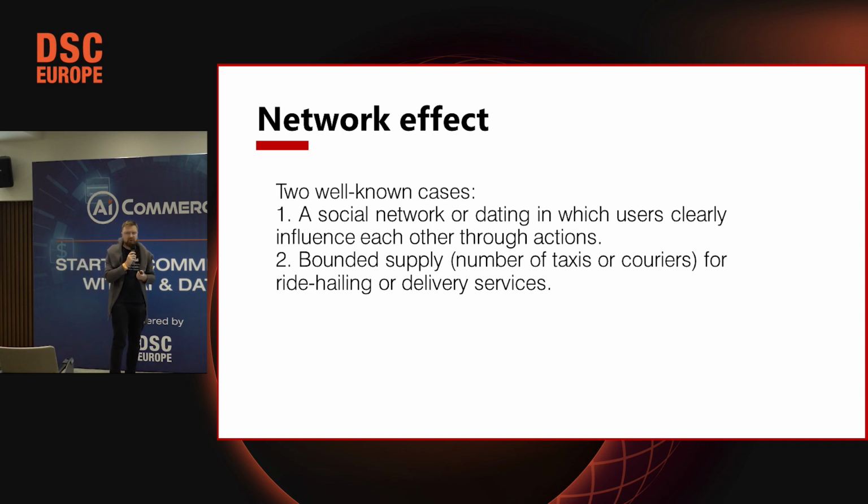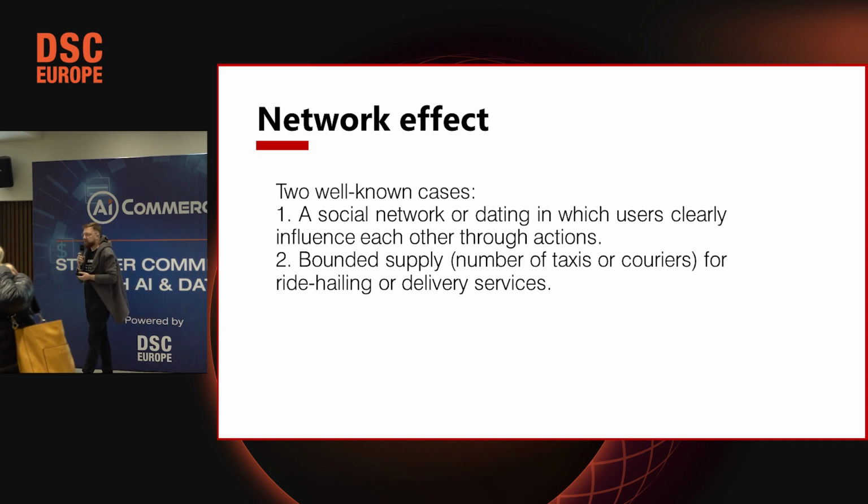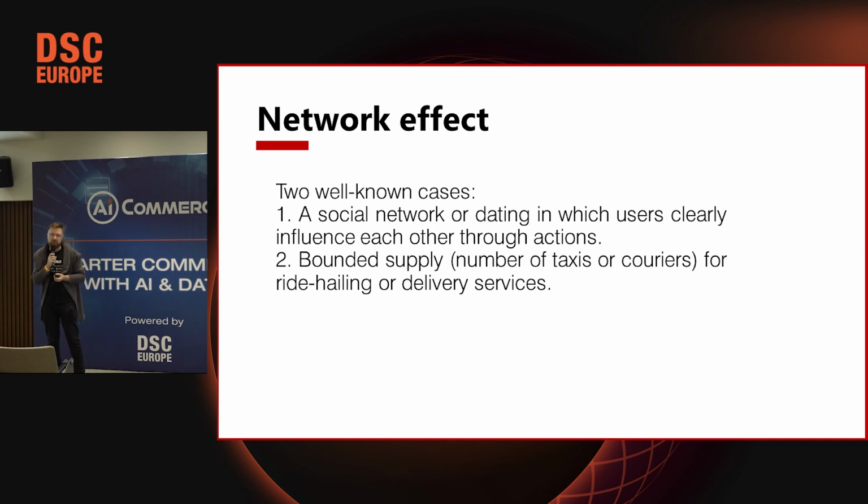The second one is not so popular, but it's the case from delivery services or taxi services, where we have boundaries of supply. A taxi client can observe the network effect when some A/B test is run, because the users are independent, of course, but they use shared supply.